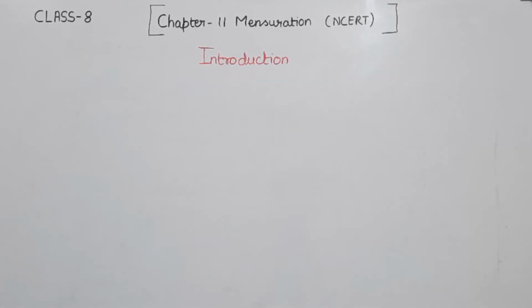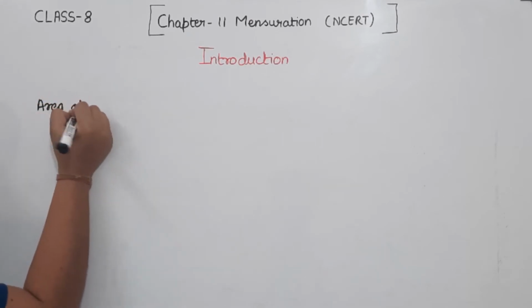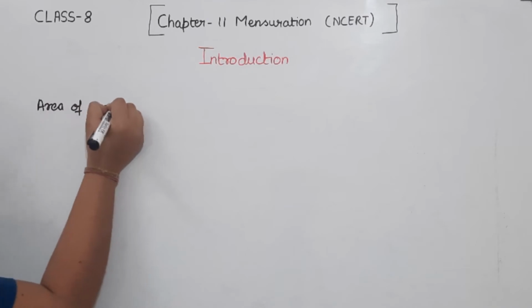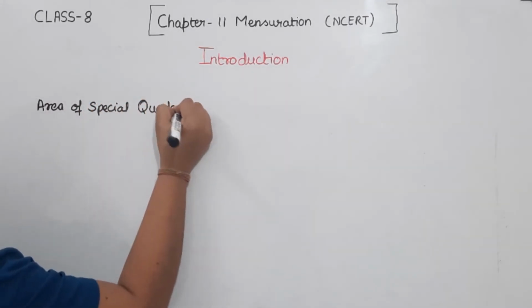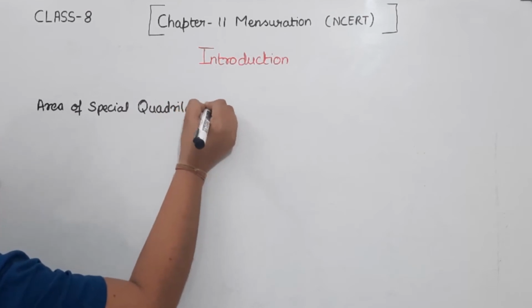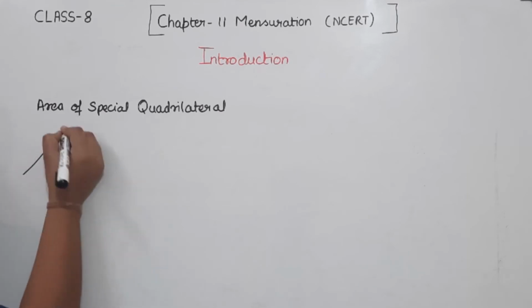So the next topic we are having is the area of special quadrilateral. So now we'll understand the special quadrilateral. Suppose we are taking the rhombus as in the special quadrilateral. Suppose this is the figure we are having.